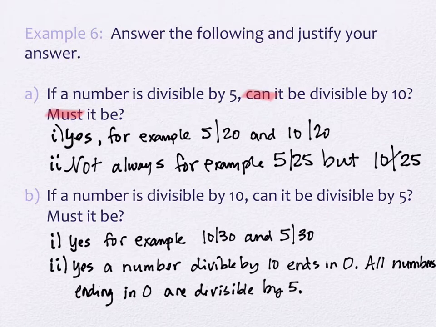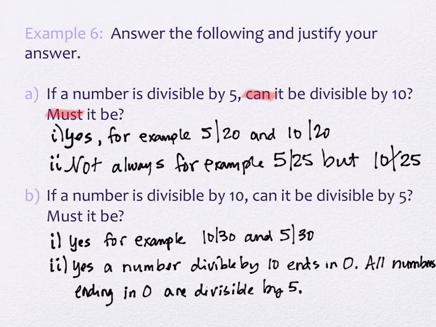Does that make sense to everyone? More importantly, do you understand why we can't justify it with an example, whereas we could on the other 3 parts? Okay. So anytime we're trying to say something must be true and it has to work all the time, the justification cannot be with an example. It has to be more broadly discussed.